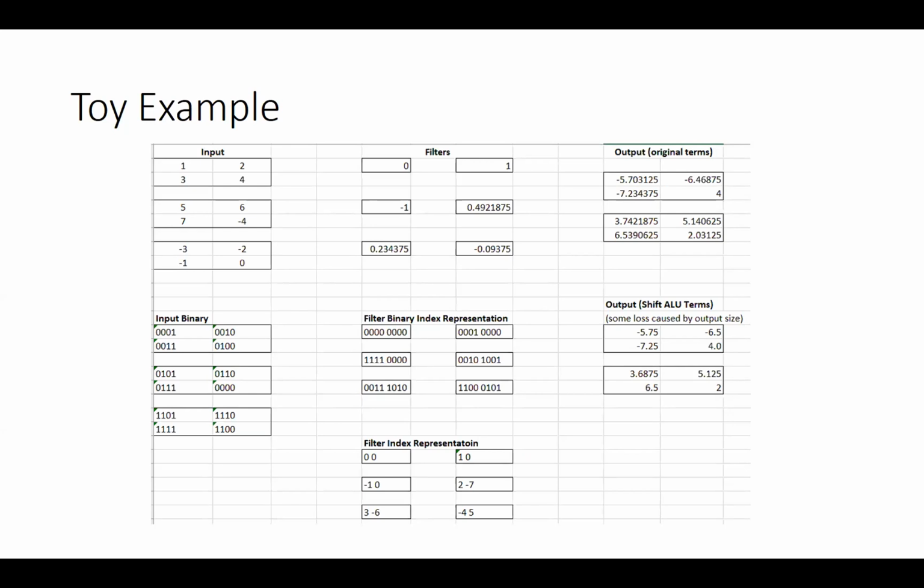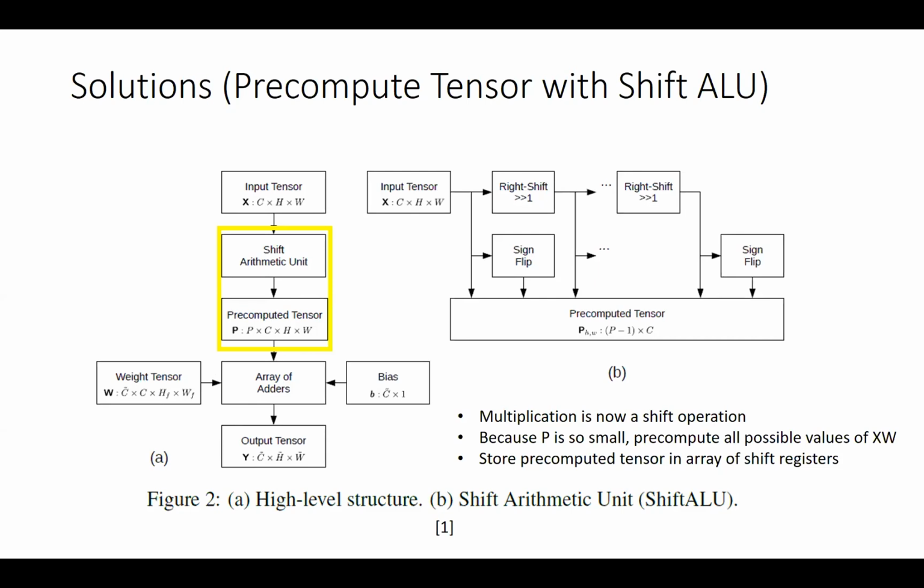Now let's move on. So this is basically the architecture of the things that we're trying to implement. We start with an input tensor, which basically has 3 dimensions. One is the channel, which is 3 in our case. Then there is a height and width, which is 2 and 2 in our case. Then we pass this input as input to the shift arithmetic unit, which is basically performing a series of shift operations and sign flips.